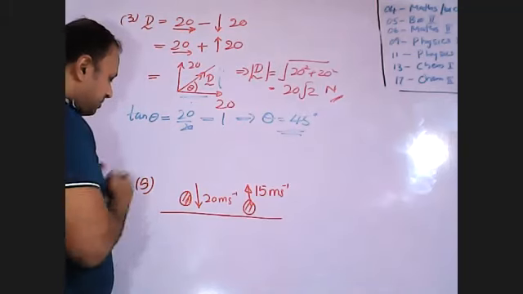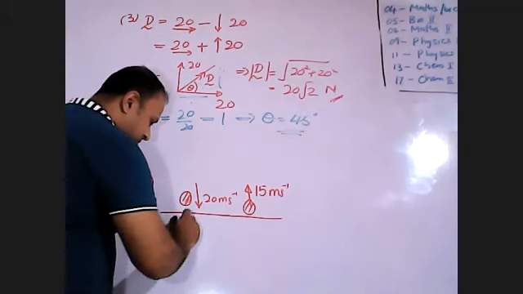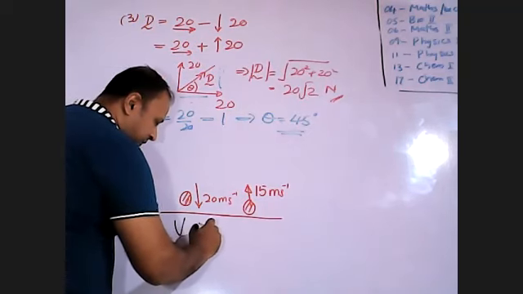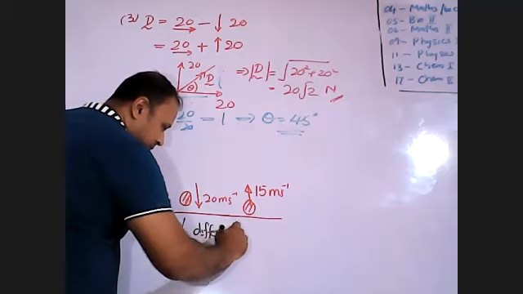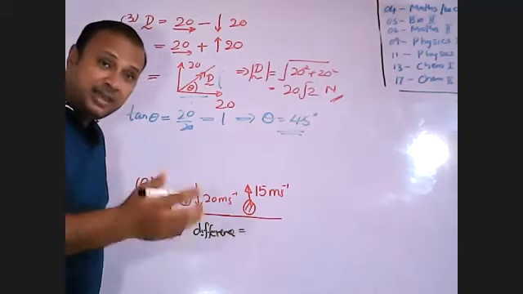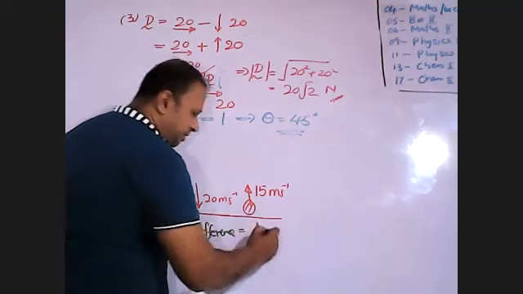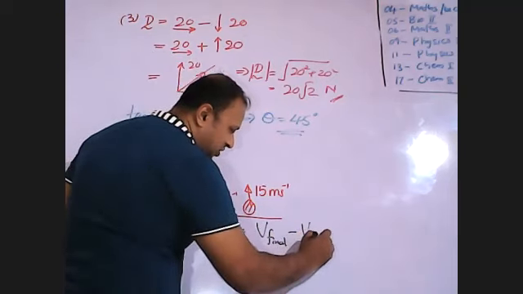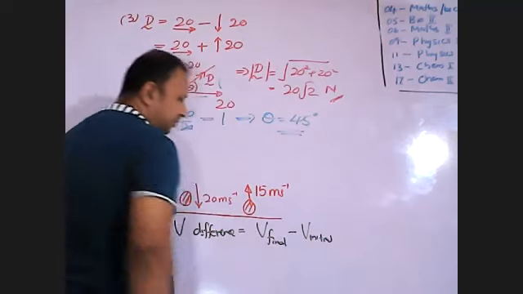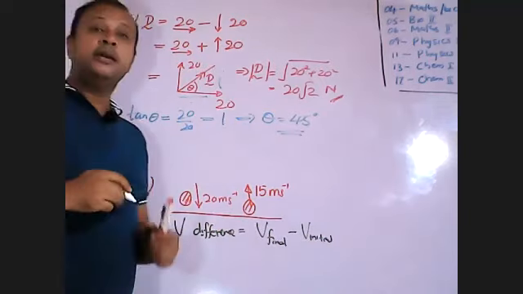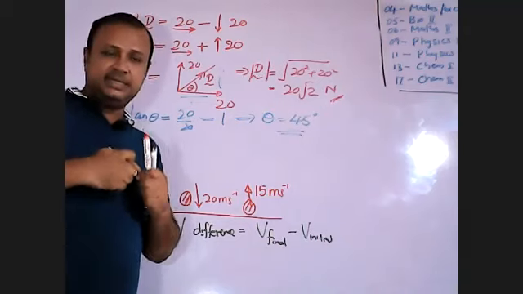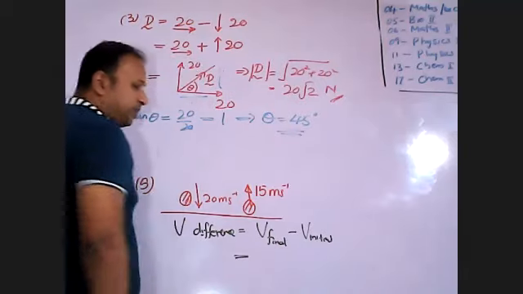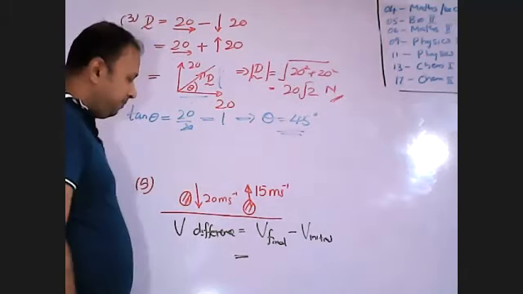Therefore, velocity difference means final velocity minus initial velocity. That is the way of determining the difference. Every time you subtract the initial value from the final value to take a difference.